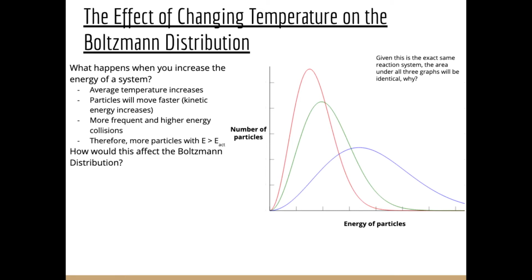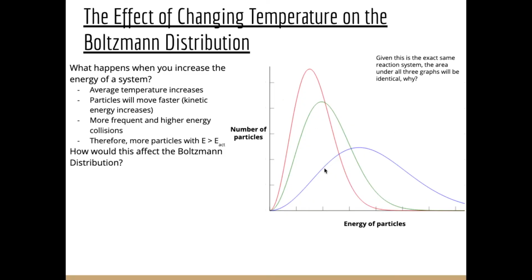Given that this is the exact same reaction system, so this is my system done under one temperature, the exact same done under a lower temperature, and the exact same done under a higher temperature, the area under all three of the graphs will be identical. Why? Well, we said just before that the area under the graph is the total amount of particles in the system.